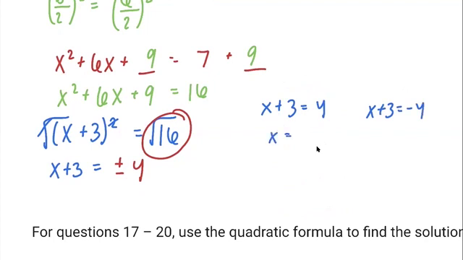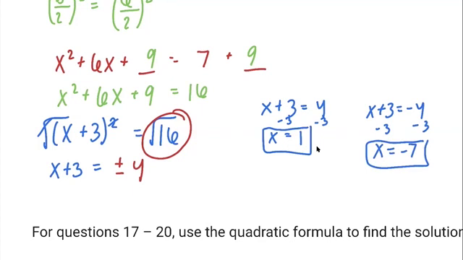So I move 3 to the other side in both of these cases. Minus 3, so that gives me x equals 1 and x equals negative 7.